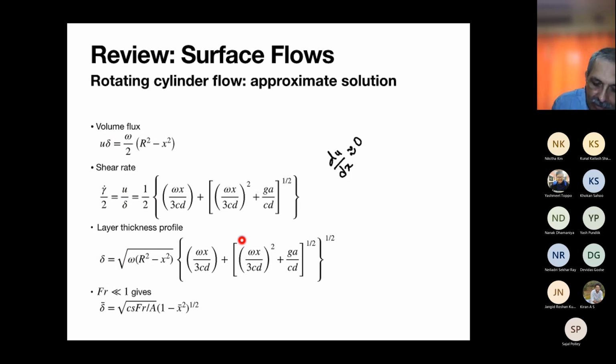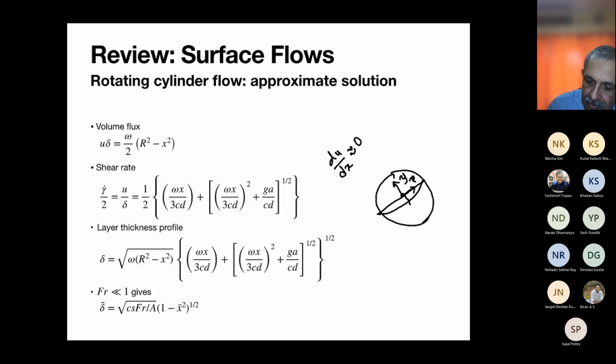And then we made everything dimensionless, and then we saw that if we take the Froude number very small, then the profile becomes like this. But in any case, even for any arbitrary Froude number, if we have this as our profile, we put our coordinate system like this, y and x.